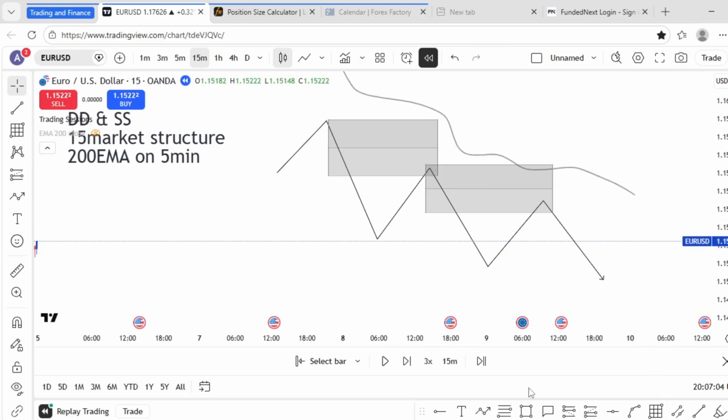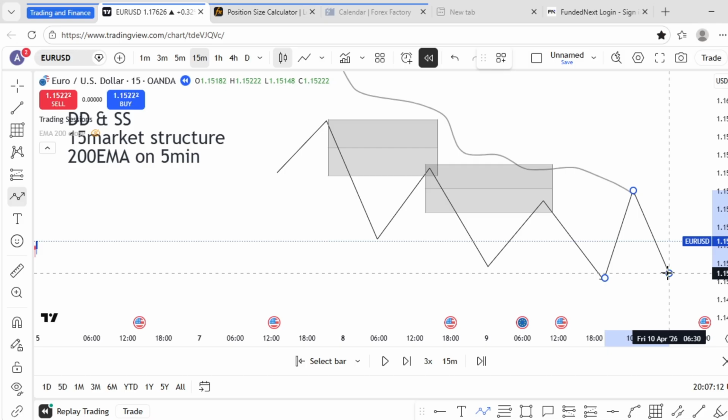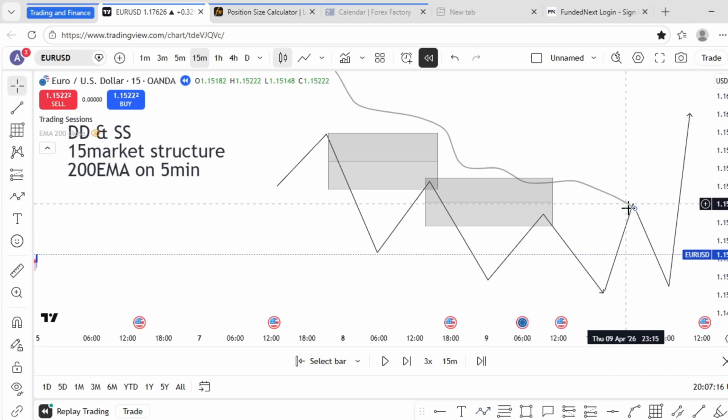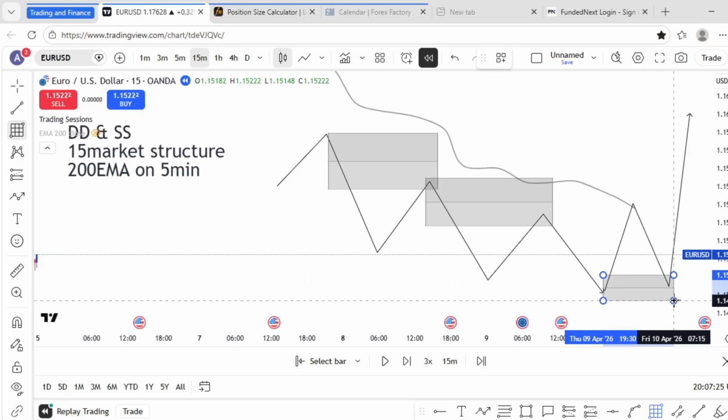And the moment price touches this moving average, we no longer look for sells, but we wait for a pullback and then we buy to the upside, because price has shown over time that anytime it touches the 200 moving average on the 5-minute time frame, it is coming to reverse. So you just look for a valid order block or demand here, and then you buy to the upside.